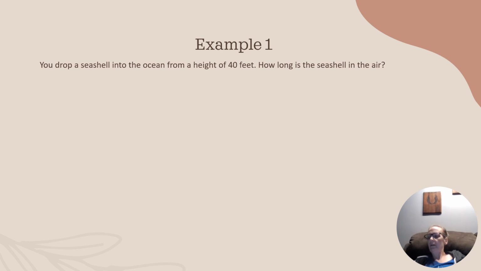So we write our formula for a dropped object: h, the ending height, is equal to negative 16t squared plus h0, which is the starting point. The starting point is 40 and the ending point is 0, with negative 16t squared in the middle.